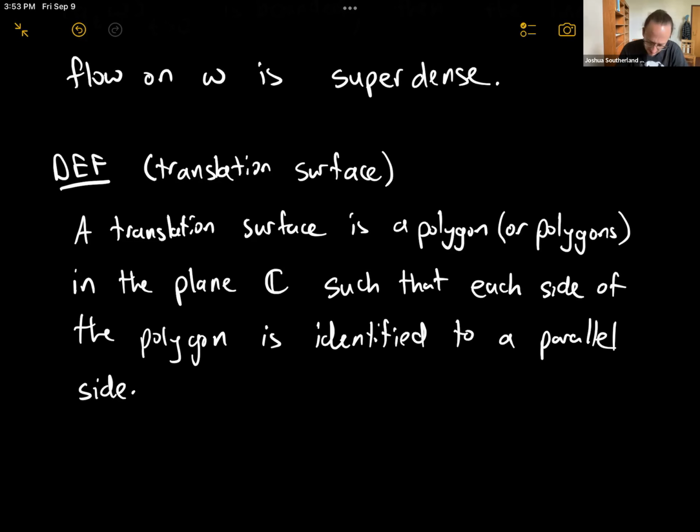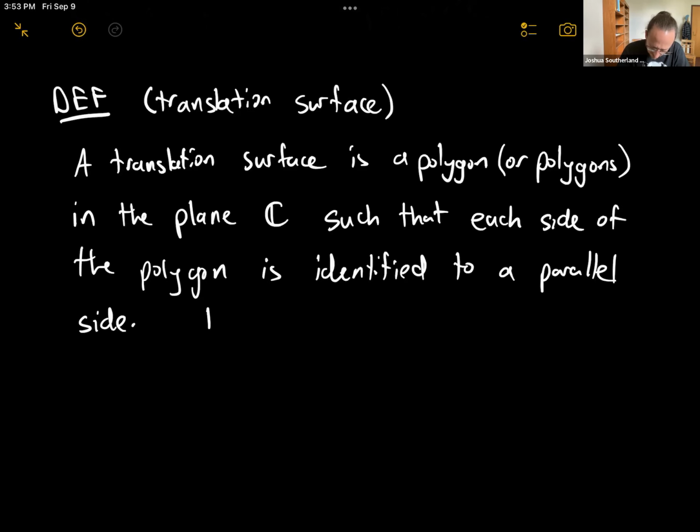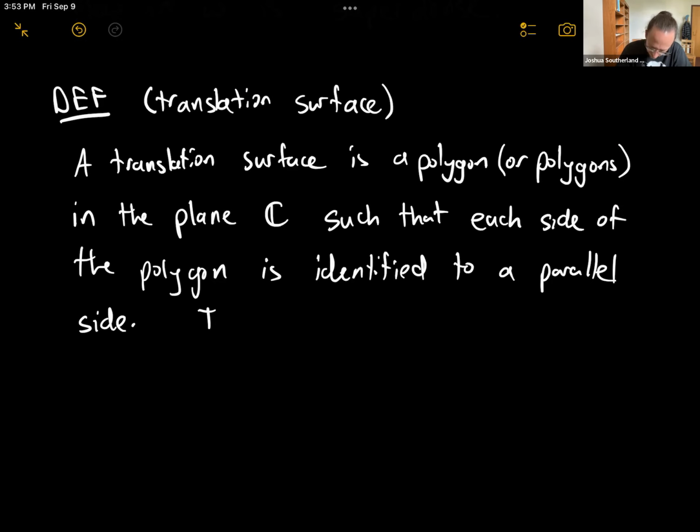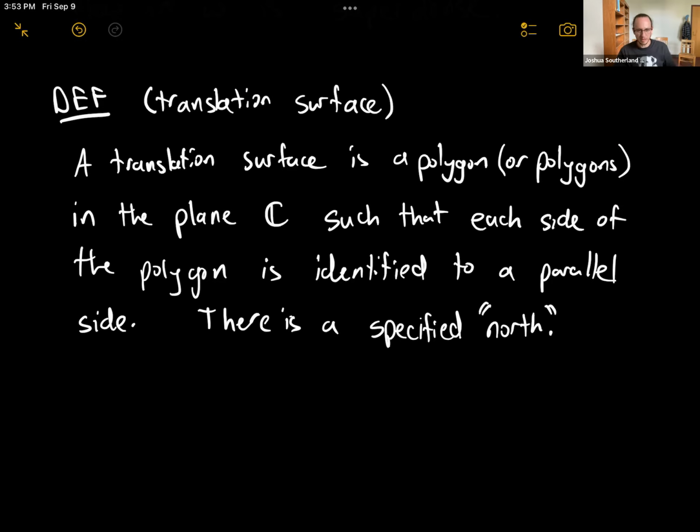And in addition, there is a choice of north, or a specified direction that we call north. There is a specified north on the surface.